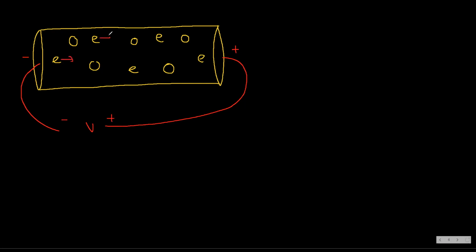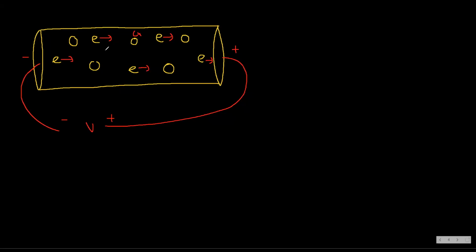When they are moving from negative to positive, they collide with some electrons or some copper atoms, or sometimes they are attracted by copper atoms, and there is a lot of disturbance for those electrons.